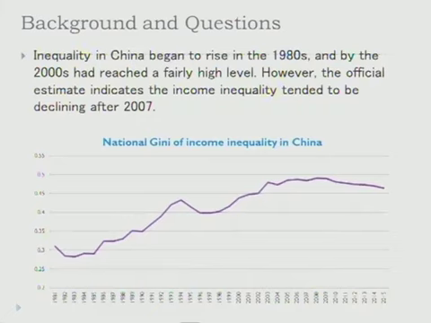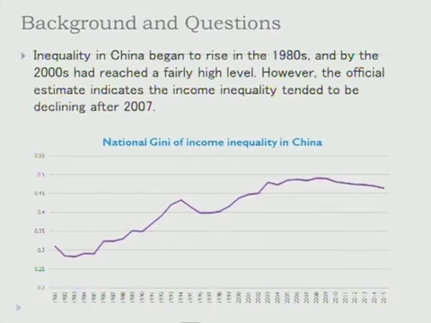The estimate of the Gini coefficient for the period between 1981 and 2001 comes from a study by Martin Ravallion and Shaohua Chen. They used group data from the NBS, the National Bureau of Statistics.